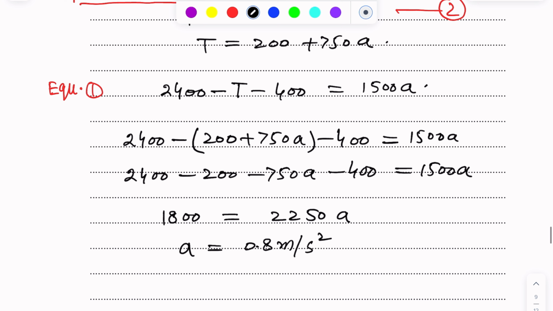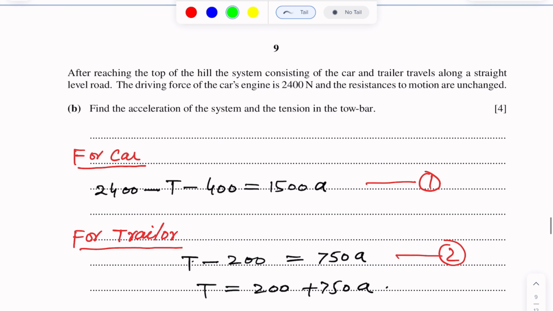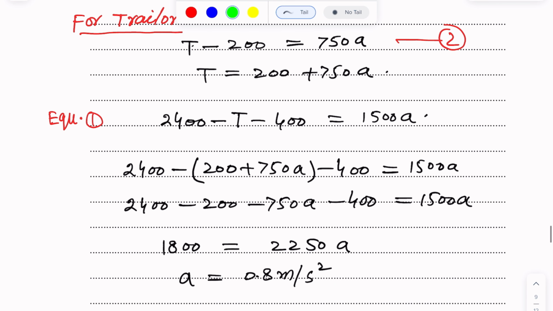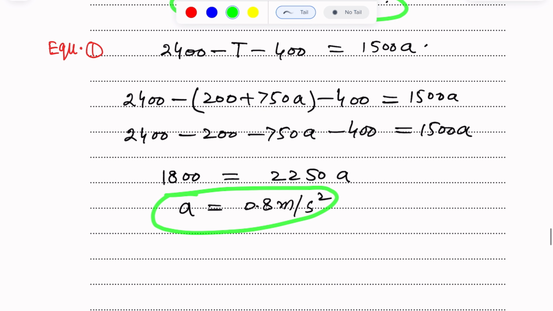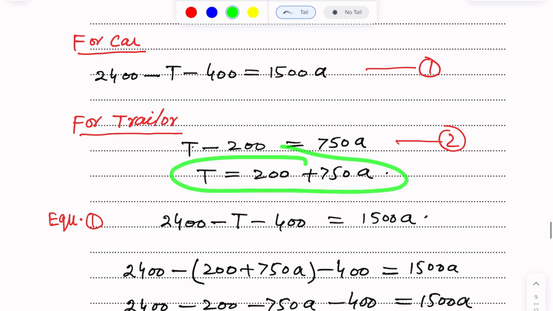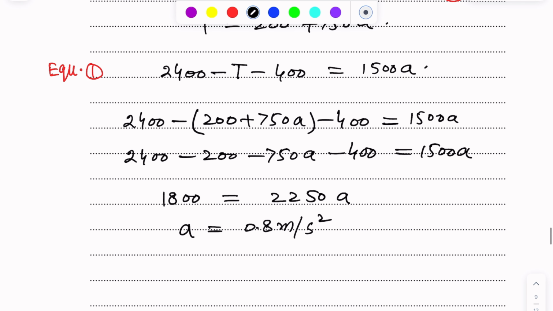This is the acceleration of the system, and now we put this value of acceleration in equation number 2.